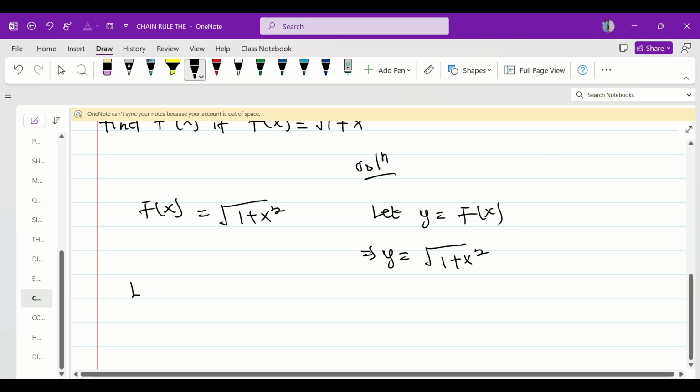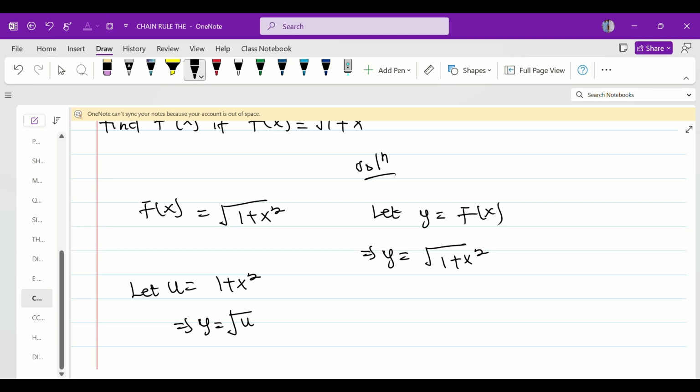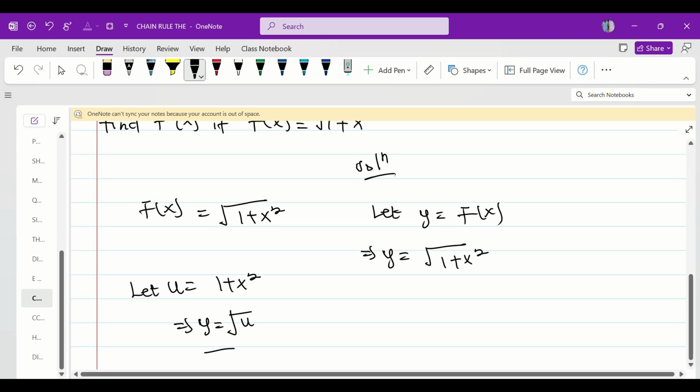And let u be equal to 1 plus x squared, which implies that y is equal to root of u. So we have y equal to root of u, and u is equal to 1 plus x squared.